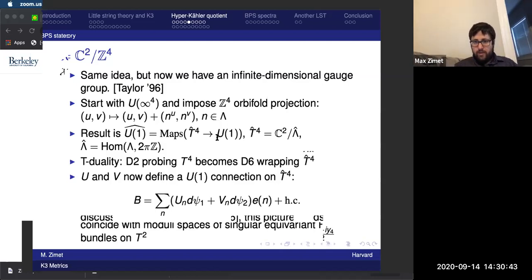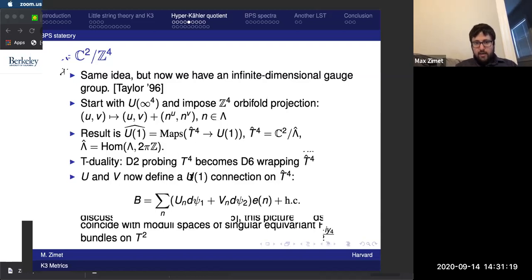So we thought we were talking about a 3D gauge theory with some infinite dimensional gauge group, but that's the same, it turns out, as some 7-dimensional gauge theory, where our gauge group is just U(1), and our 7-dimensional gauge theory is wrapping the dual torus. That can be understood just from T-duality, because a D2 brane probing T4 becomes a D6 brane wrapping the dual torus.